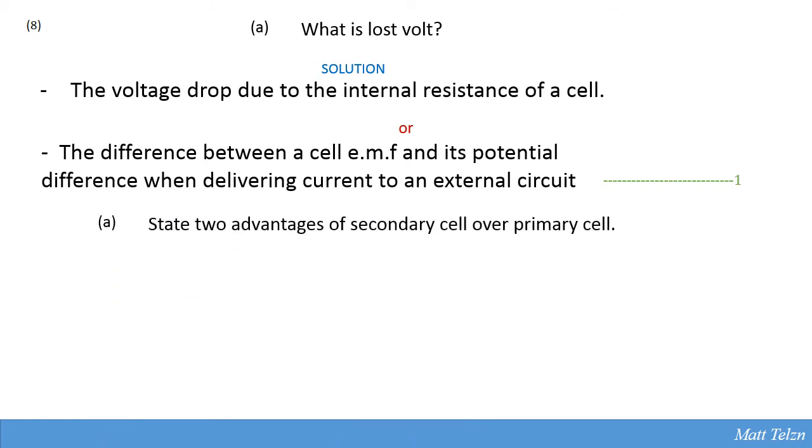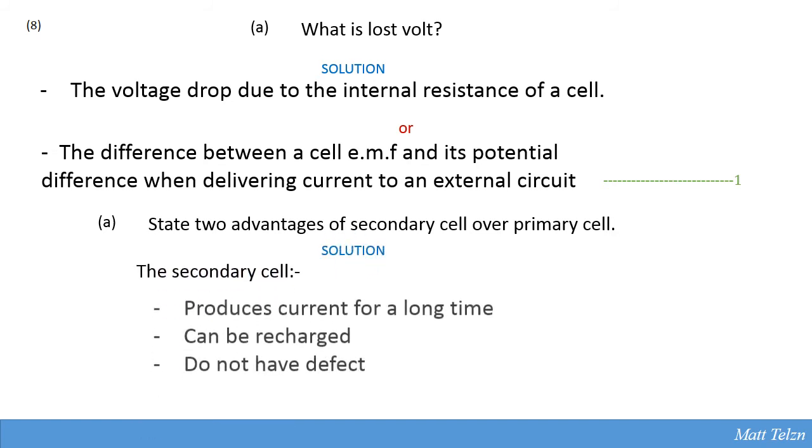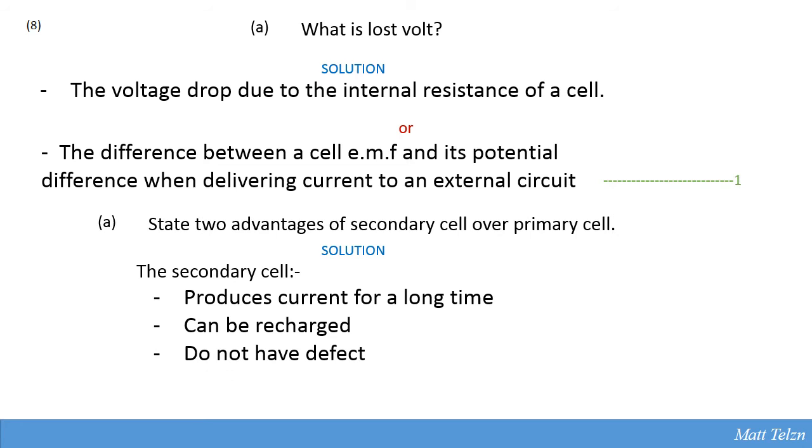Now state 2 advantages of a secondary cell over a primary cell. It has plenty of advantages, just state 2. If you state 2 correctly, the mark allocated is 2, each carrying 1 mark. So for this question, the total mark is 3.